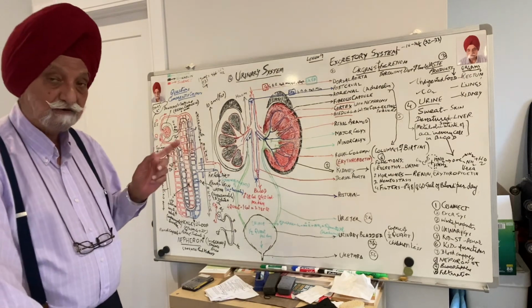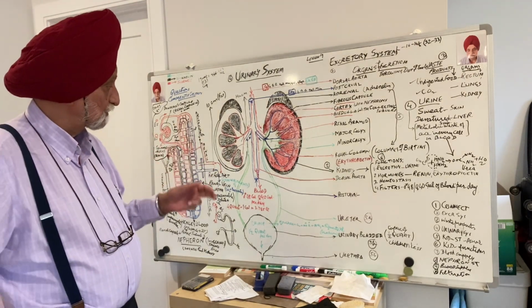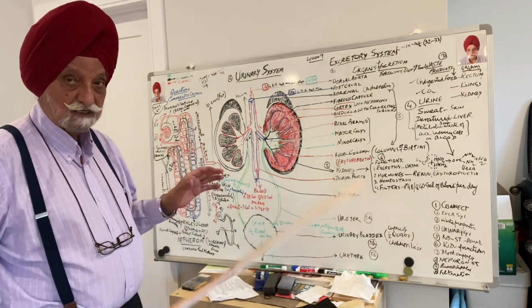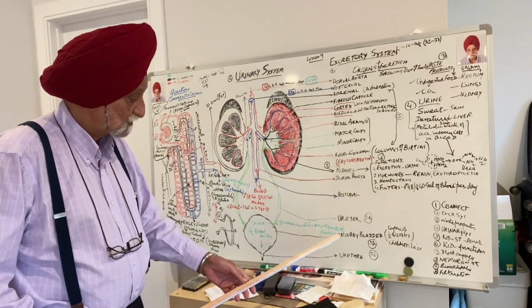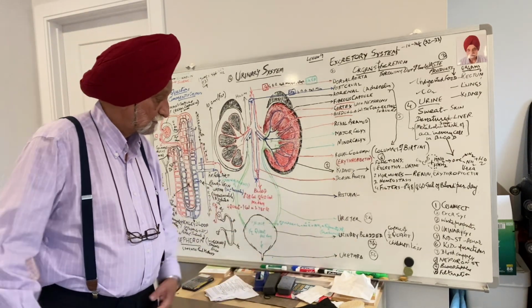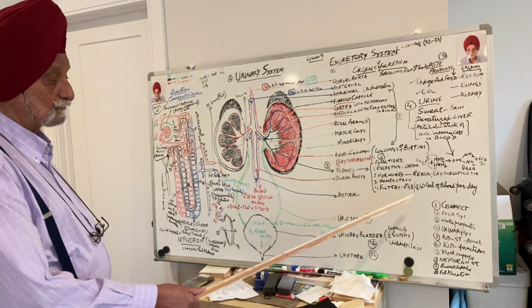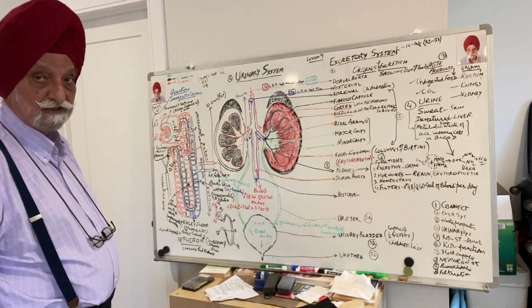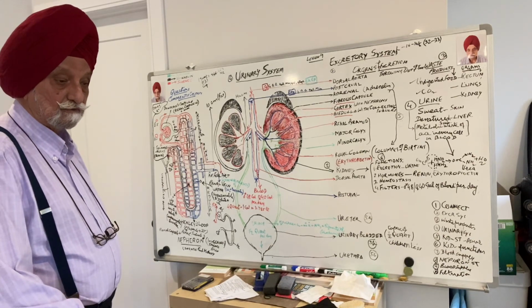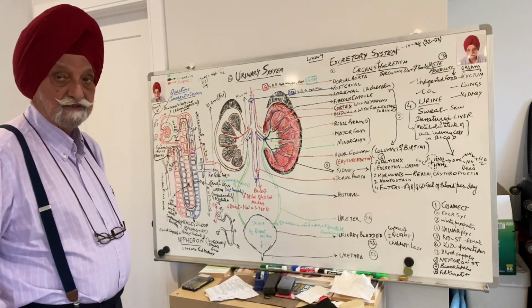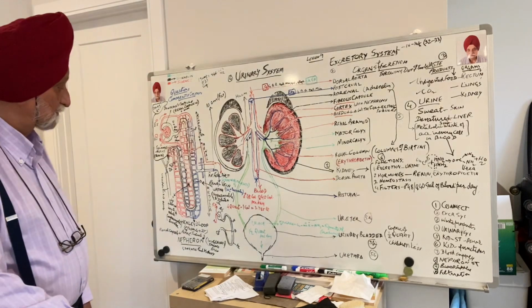And if there are 1 million uriniferous tubules in one kidney, I'm sure this justifies that around 40 to 50 gallons of blood can be filtered in the kidneys.